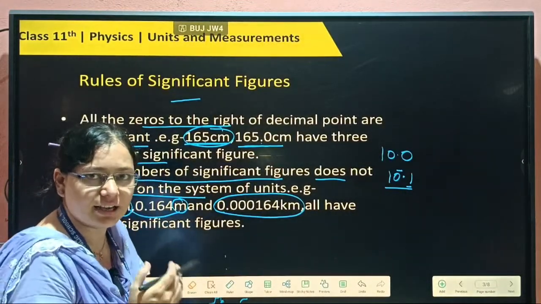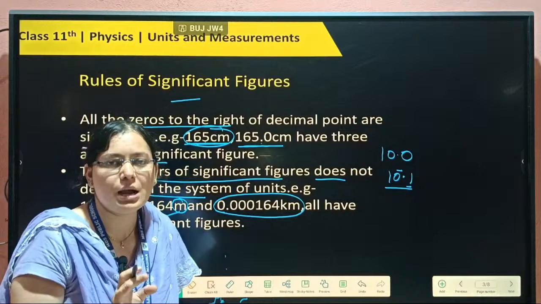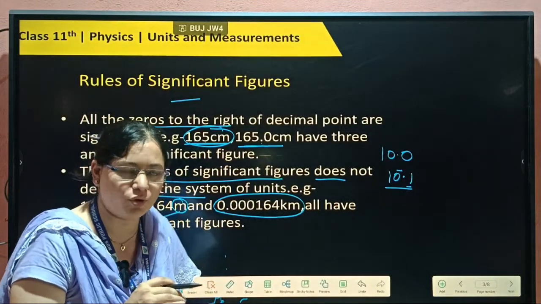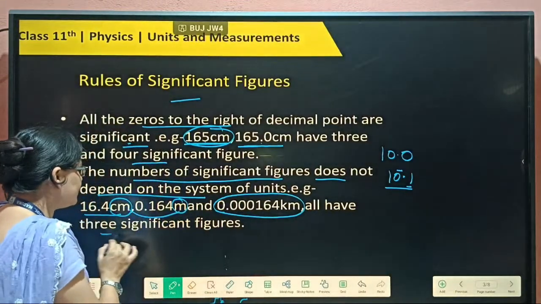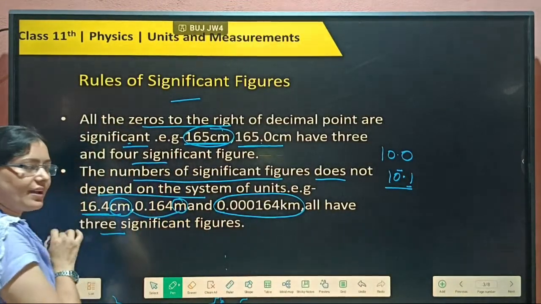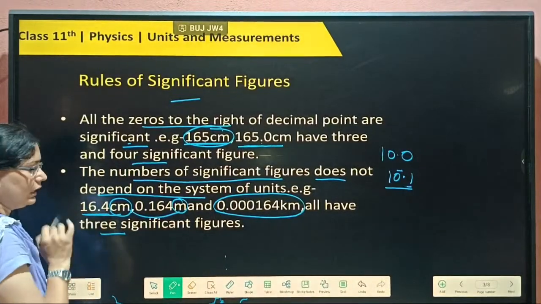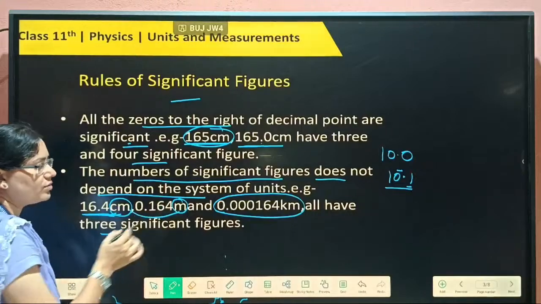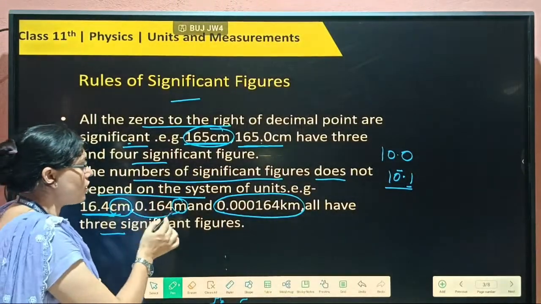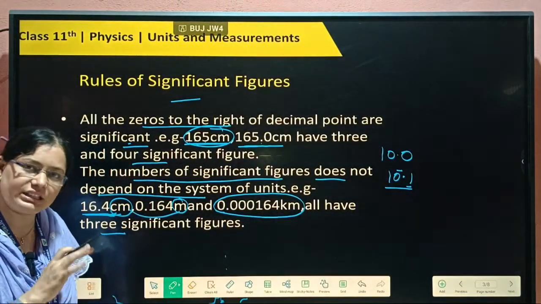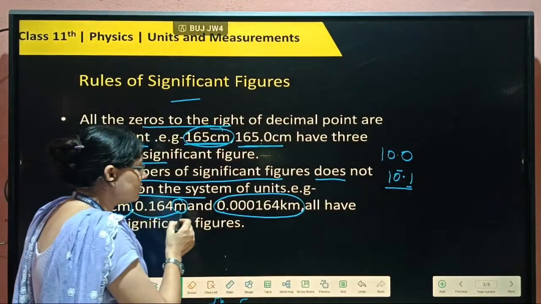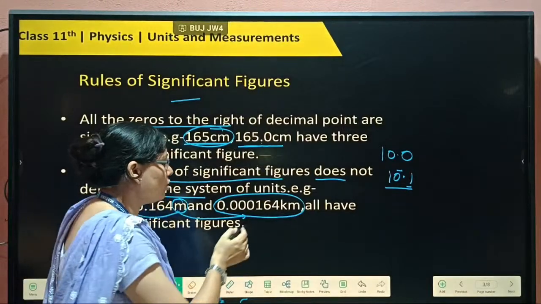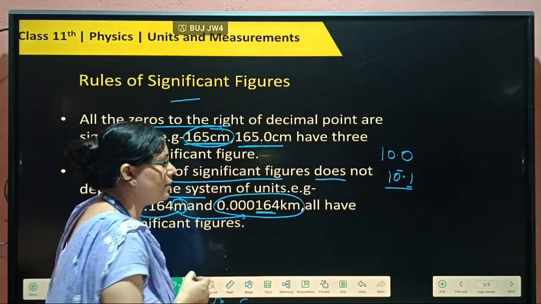First we are changing into meter, centimeter, kilometer, but our significant figures will remain the same. All have 3 significant figures, 1, 2, 3. If we convert this number into meter, then our significant figures will be 3 only. Now if we convert the same number into kilometer, then here also the significant figures will be 3 only.